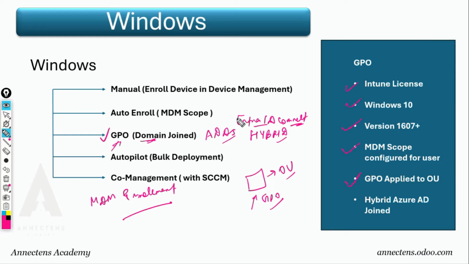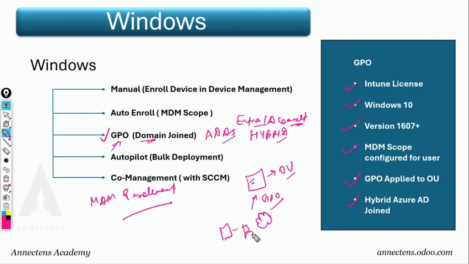So for that group policy to be applied, we require that machine sitting in the right OU, and then that machine needs to be hybrid Azure AD joined. If it's not hybrid AD joined, GPO will not work. And if you are setting up any policies from Intune, it will be difficult for those machines to enroll. So ensure that the device can talk to both your on-prem and your cloud.